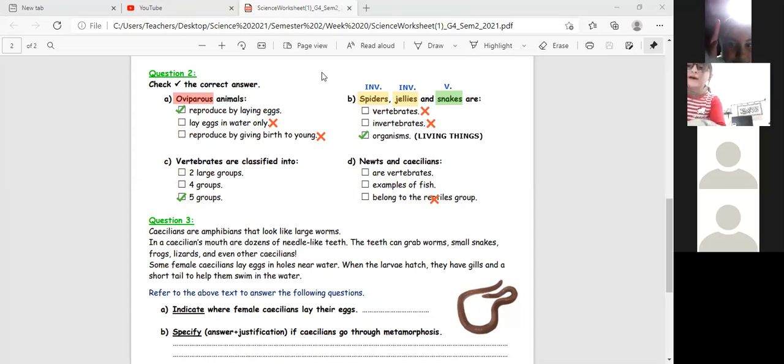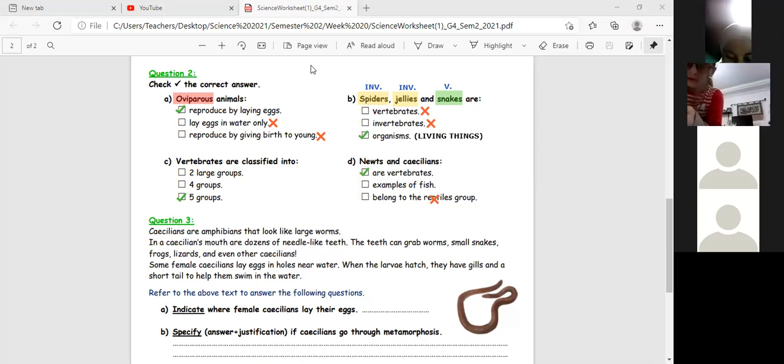Marie, are newts and Sicilians vertebrates or fish? They are vertebrates. Excellent, Marie. Bravo.